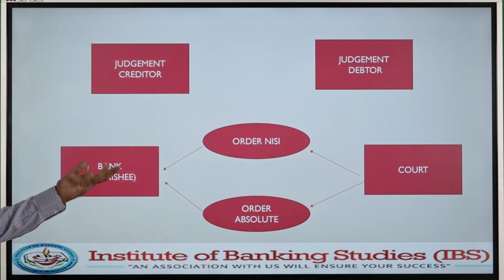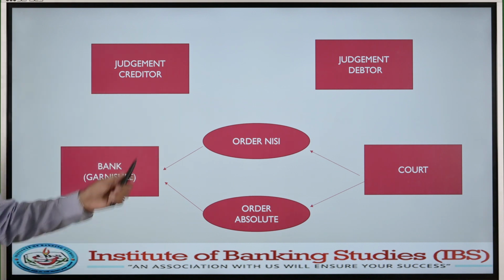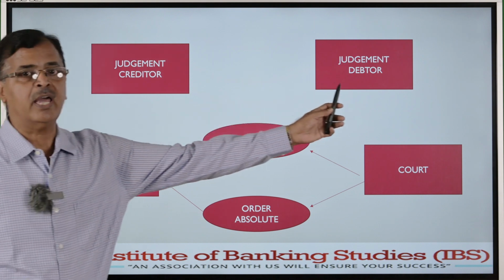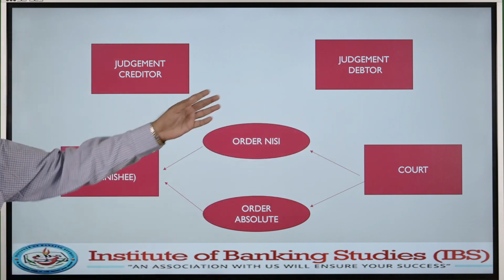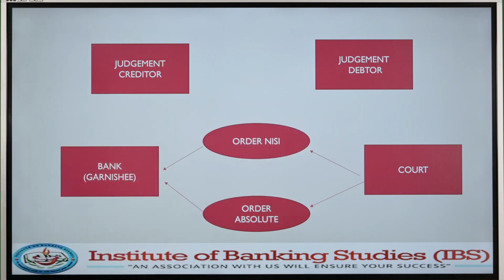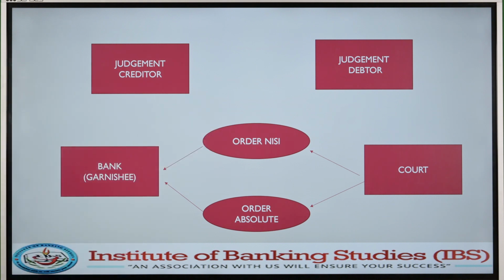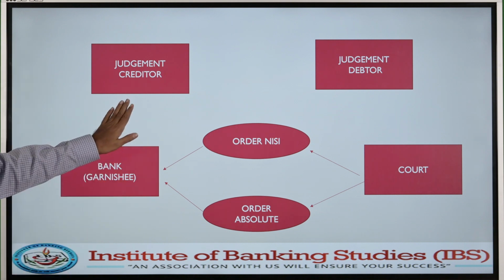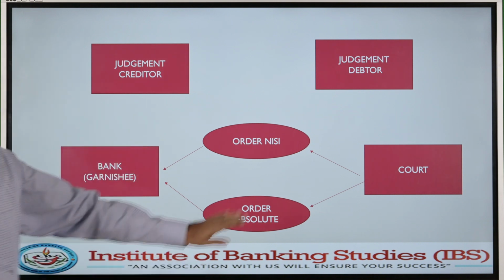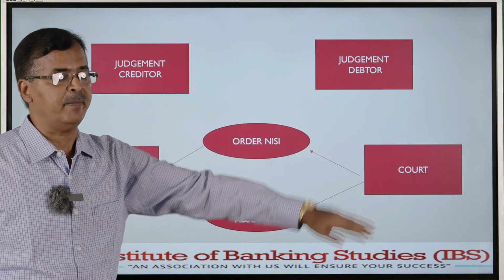On the screen you can see two persons, namely a creditor and a debtor. The debtor has borrowed funds from the creditor, and at the time the payment fell due, the debtor defaulted.